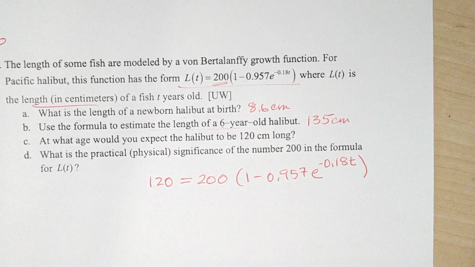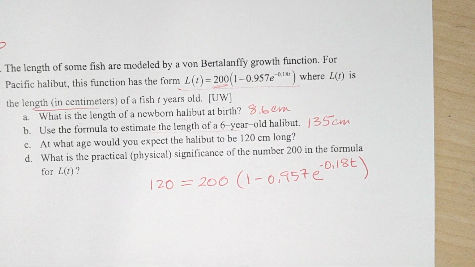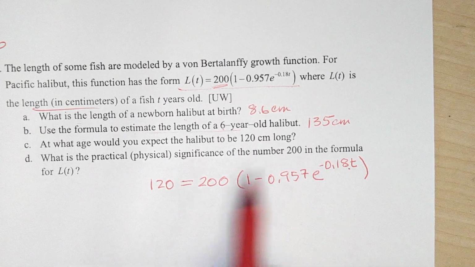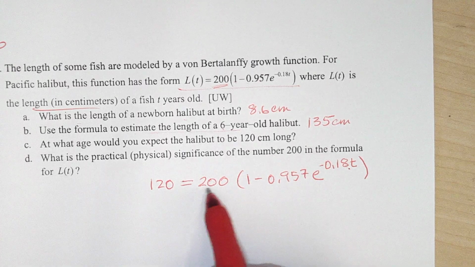Now to solve this, we want to get it down to just one thing to a power, a single exponent, so that we can rewrite it as a log. Because we're solving for a power, we want to use logs. We could distribute the 200, but I'm just going to divide it out.